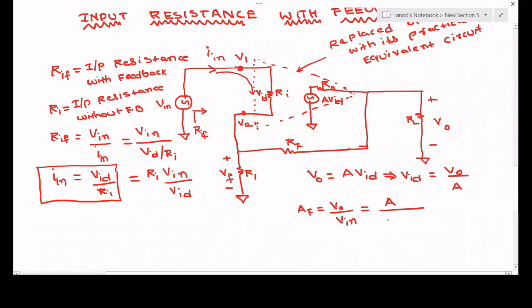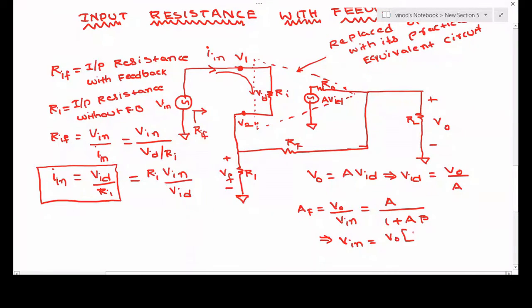So V naught by VIN is A by 1 plus A beta, and from this we can get the expression for VIN: VIN is V naught into 1 plus A beta by A.